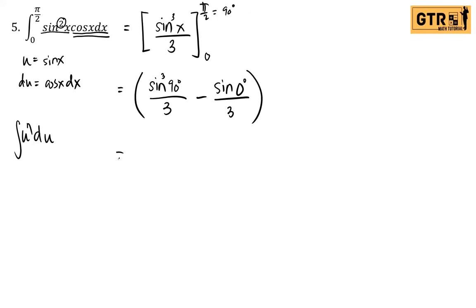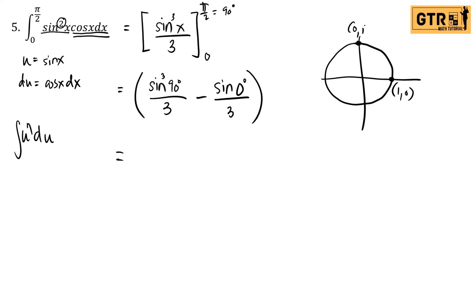So what is the value now? Let's recall the unit circle. This is 90 degrees and this is 0 degrees. The coordinates are 1, 0 here and 0, 1 here, where the x is the cosine and the y is the sine.